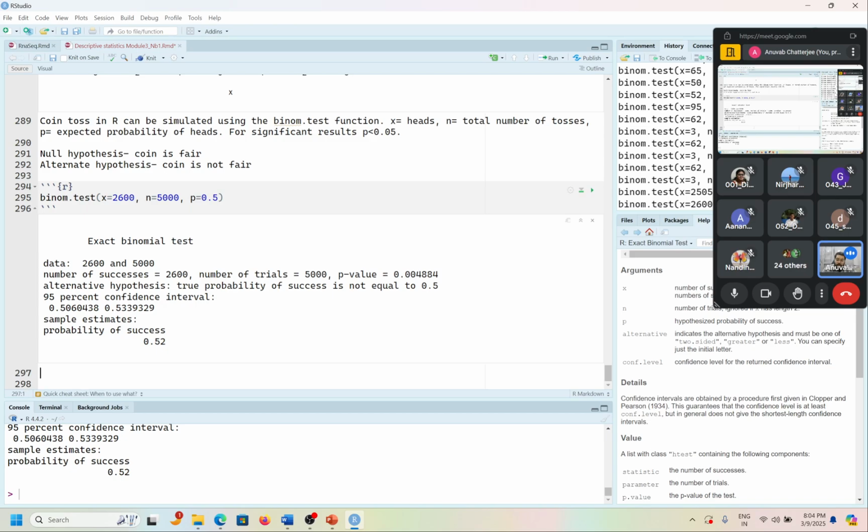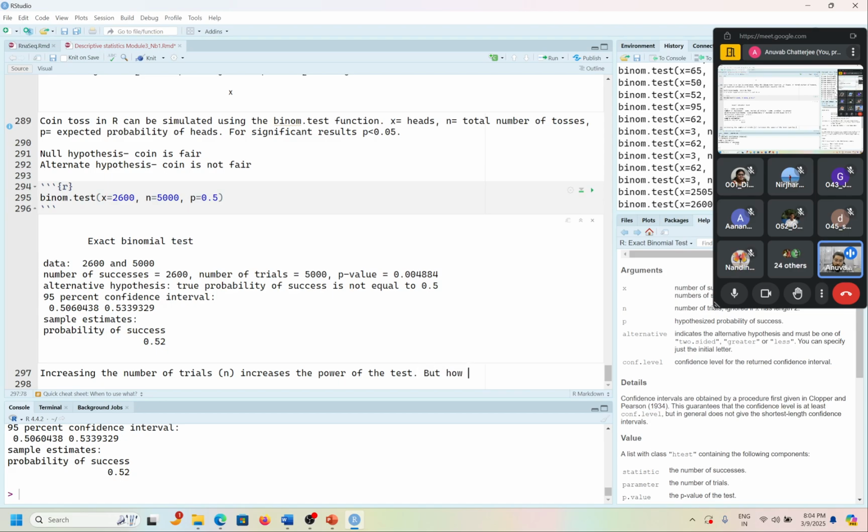So what I want to say is that increasing the number of trials increases the power of the test.